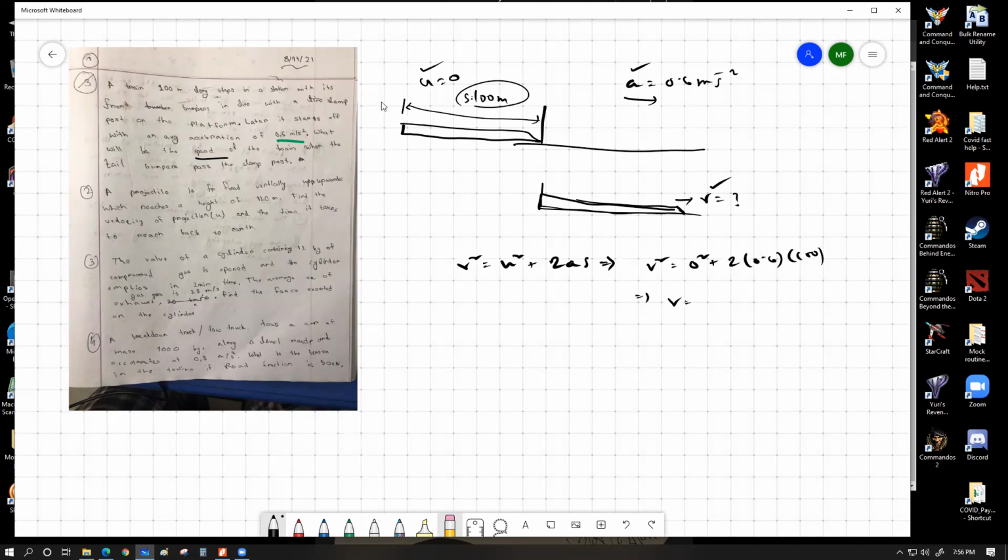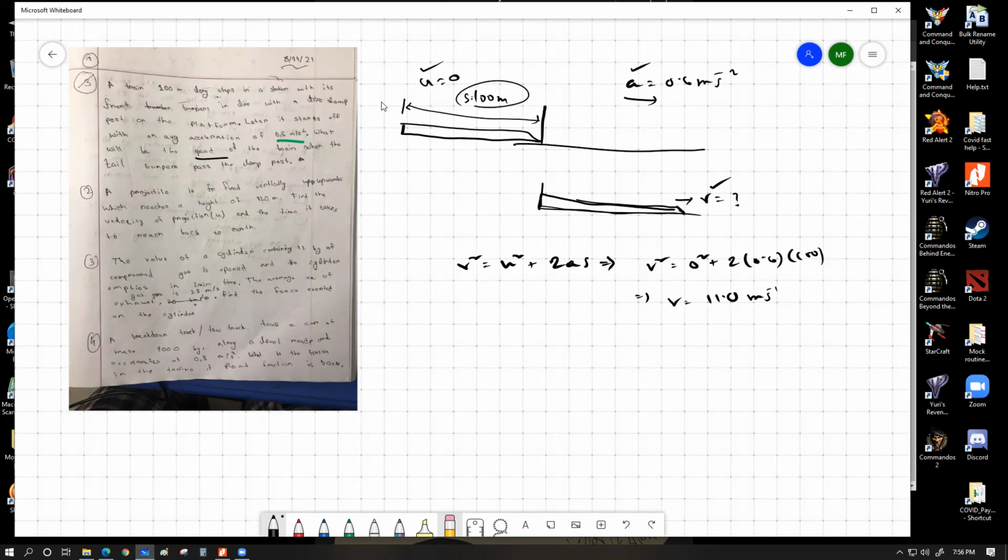Therefore, your final speed, find it out by the calculator. I'll do it for myself as well. The square root of 2 into 0.6 into 100 gives us 10.95, so I can write this as 11.0 meters per second.